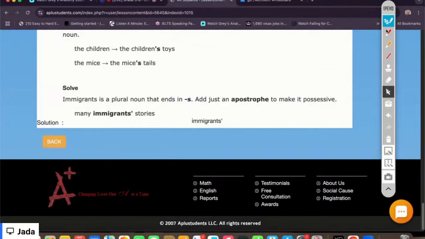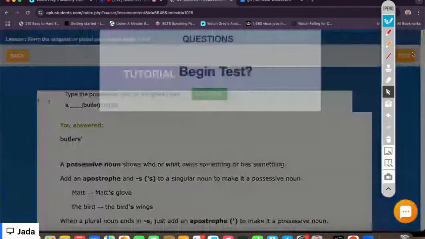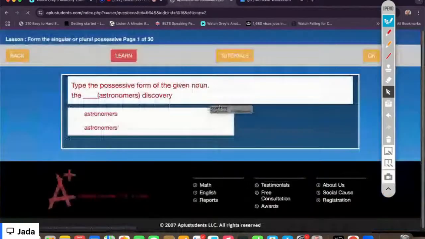Okay, so we move on to the test. You can share your answers with me. Okay. So type the possessive form of the given noun, the astronomer's discovery, first or second.